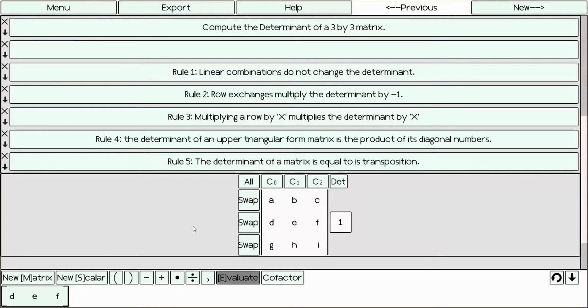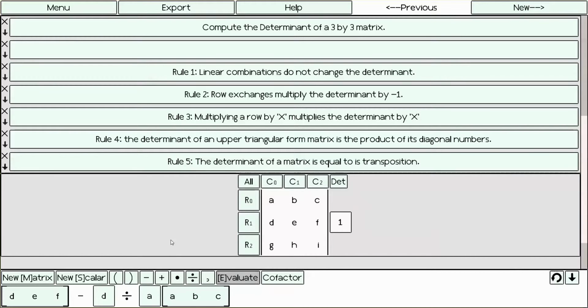Now what would we like to do? Well, we'd like to subtract some multiple of row 0 from row 1 such that this D disappears. So we're going to subtract D divided by A times row 0.